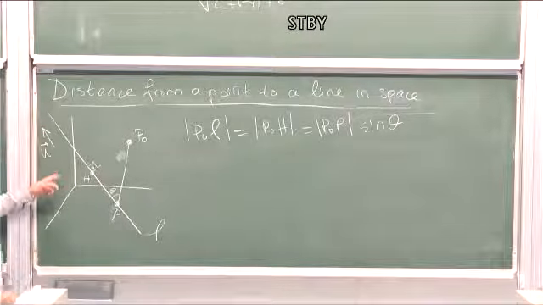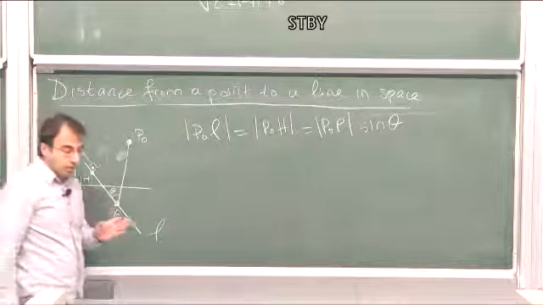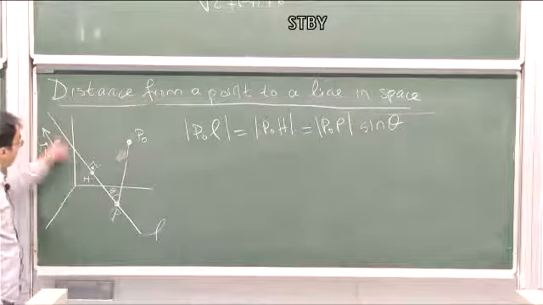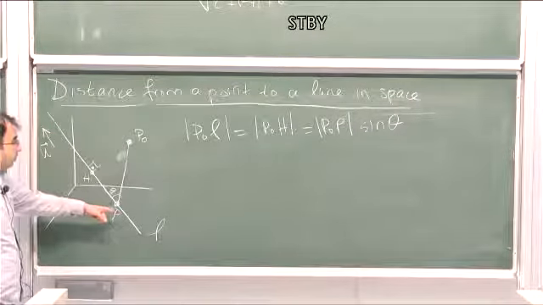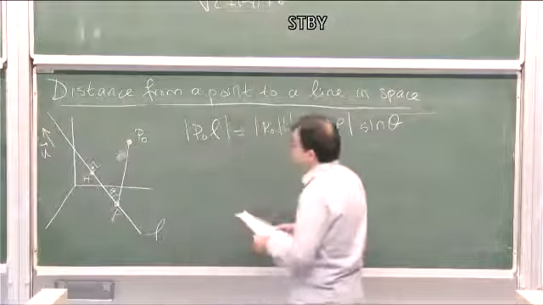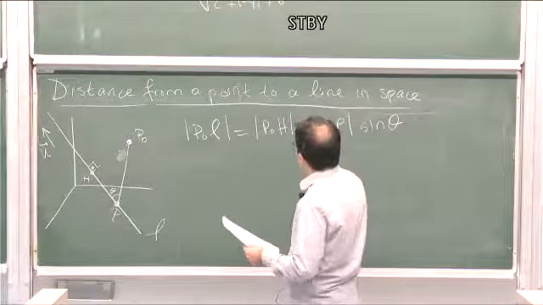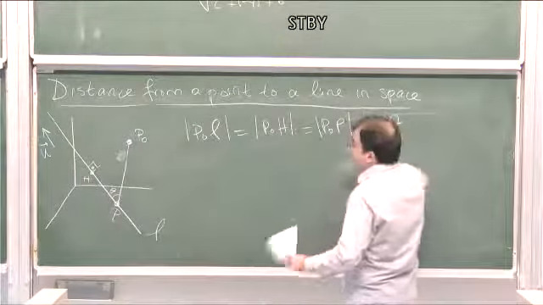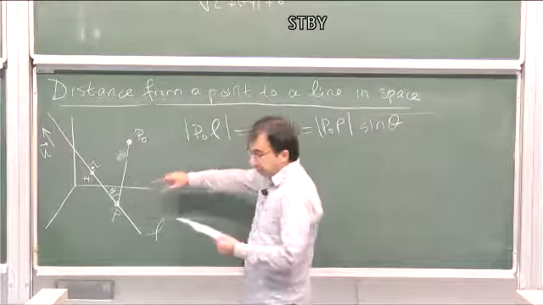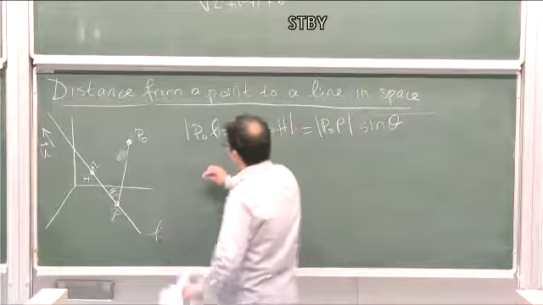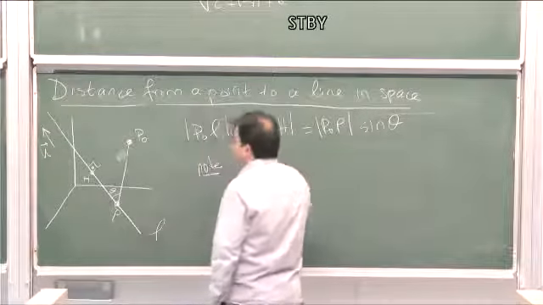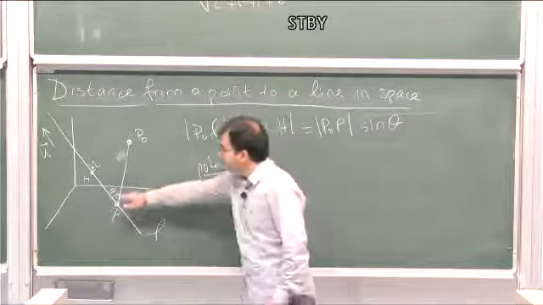So, to write equations for lines, we use a direction vector. The direction vector is parallel to this line L, right? So that's why I'm calling this angle theta.